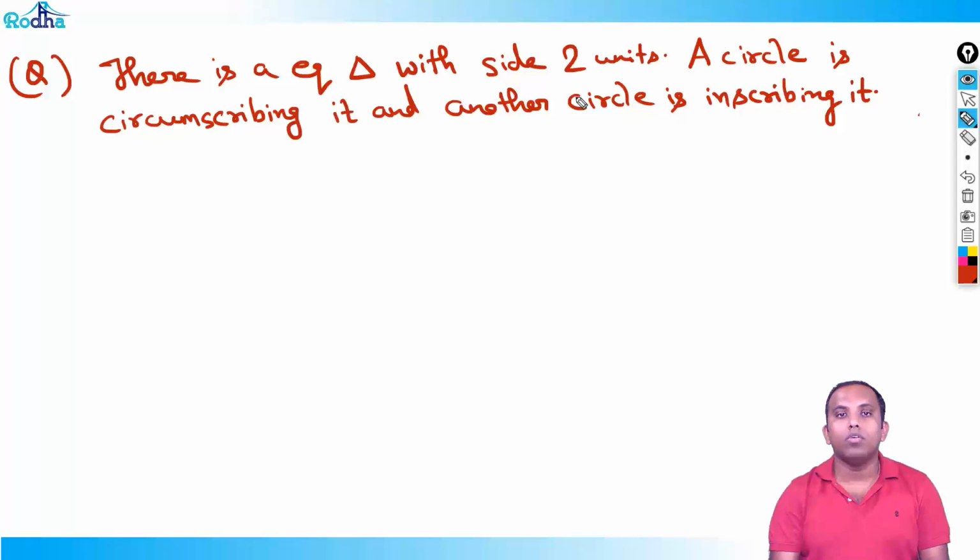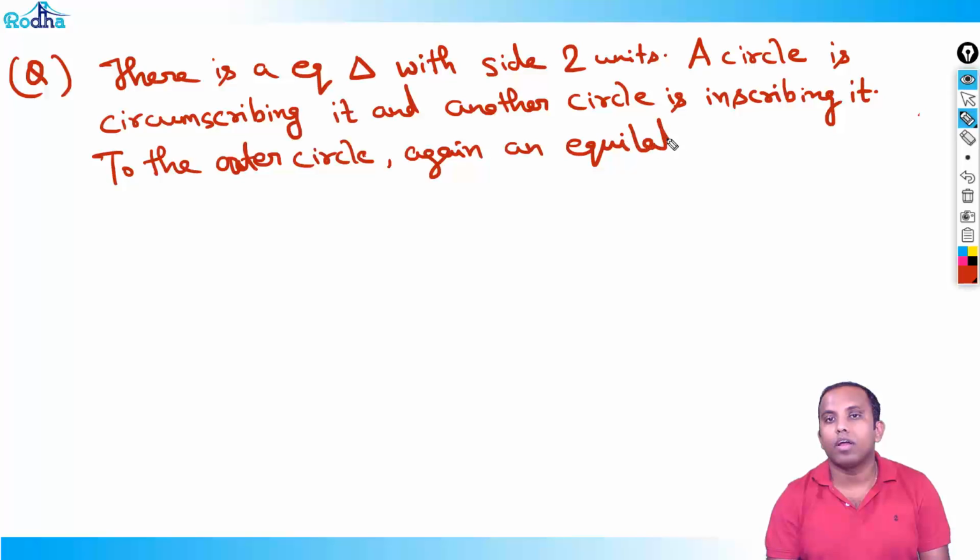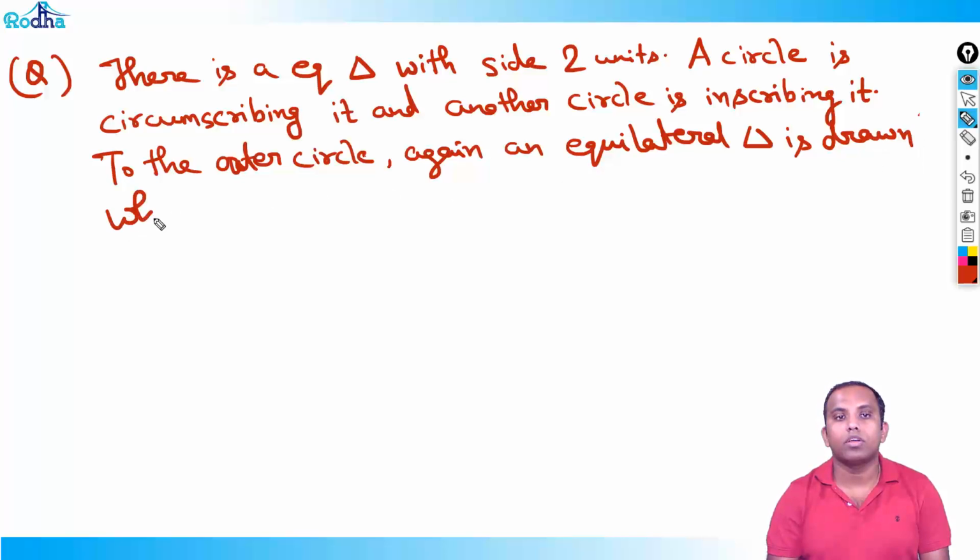Correct. Now, to the outer circle, again an equilateral triangle is drawn, which inscribes the outer circle.